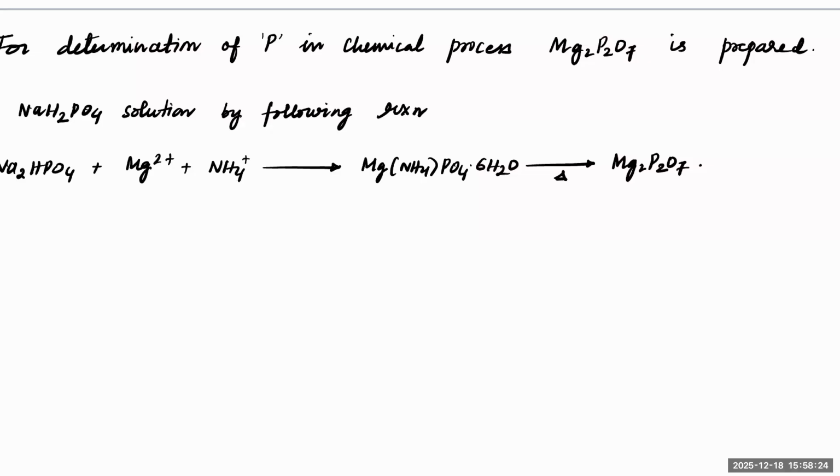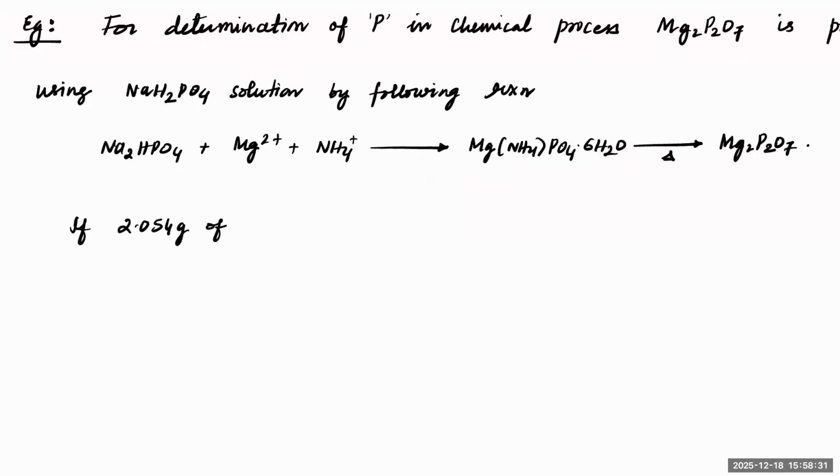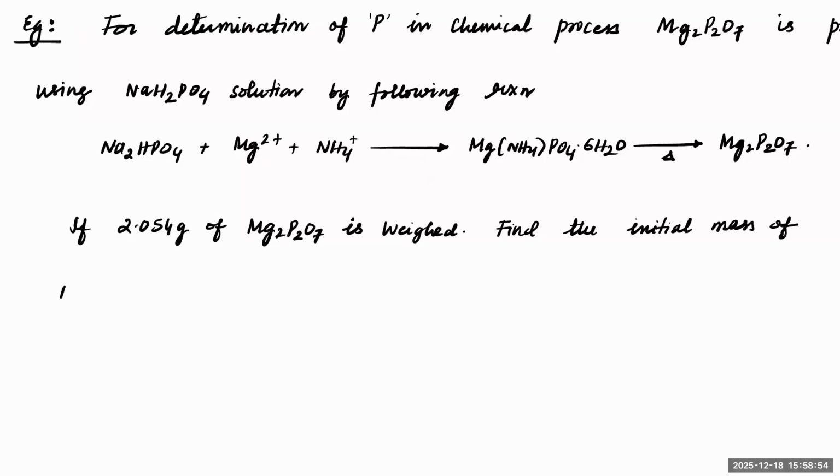If 2.054 grams of Mg2P2O7 is weighed, find the initial mass of Na2HPO4.